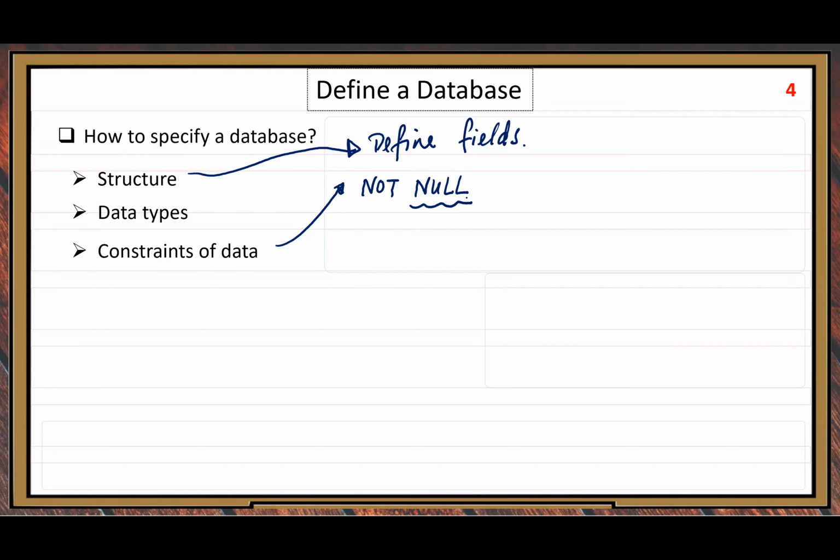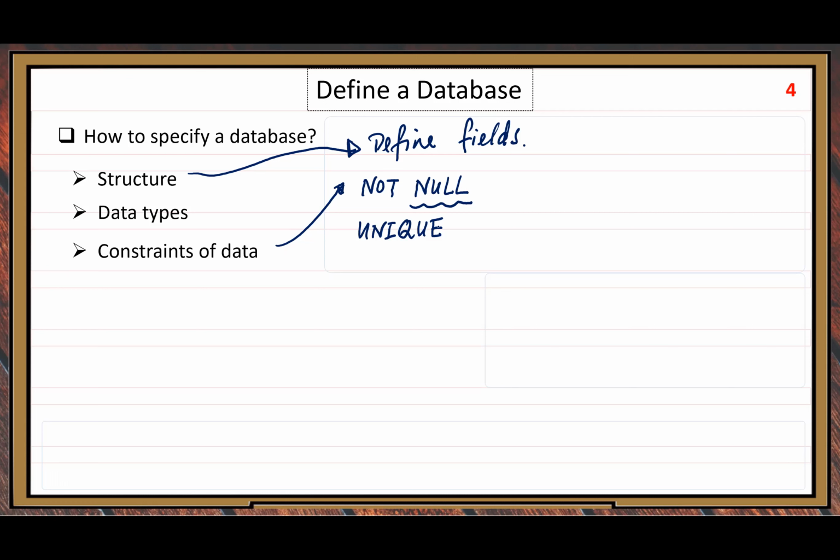NOT NULL is one constraint; another is the UNIQUE constraint. What's the meaning of that?